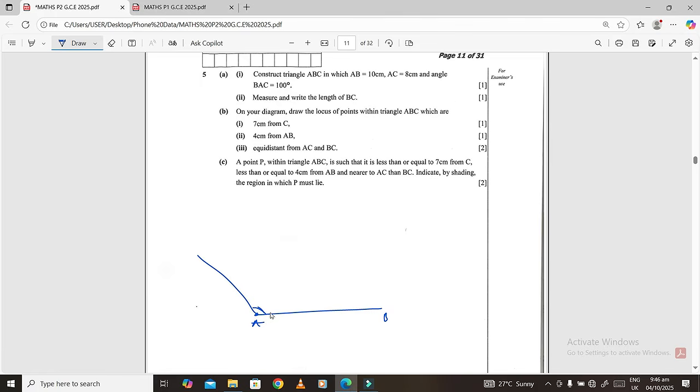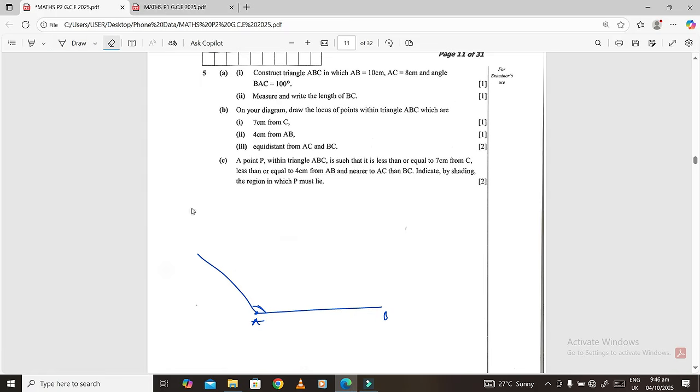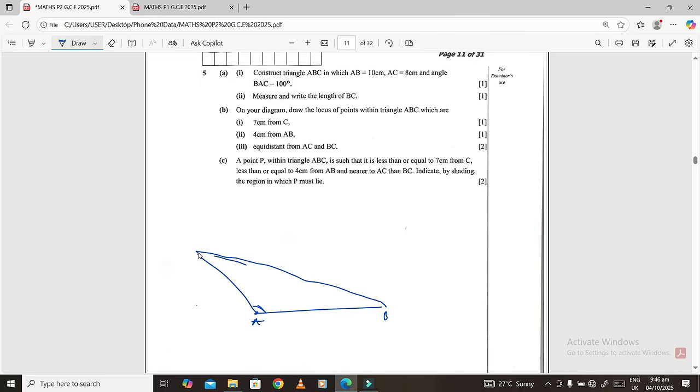It will be somewhere like this, and then you come and join. My drawing is not okay. You join. Hopefully I'll manage to. So you join this side. When you join, this length will come out to be equal to 13, I think 13 point, maybe 0.8 centimeters, somewhere there, if you're doing the right thing.